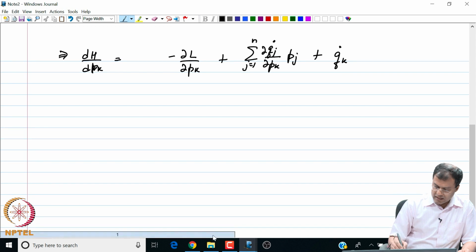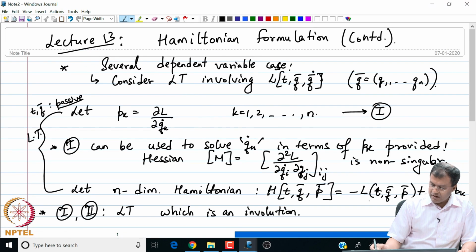Note that I am using the product rule here in the differentiation of h with respect to pk.